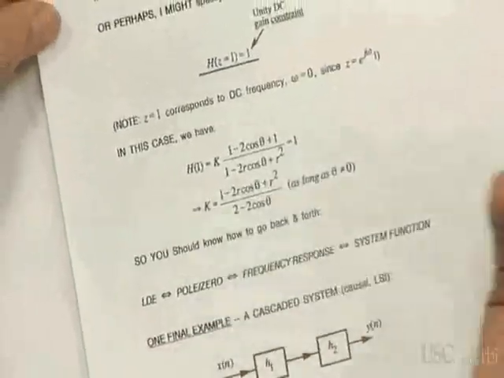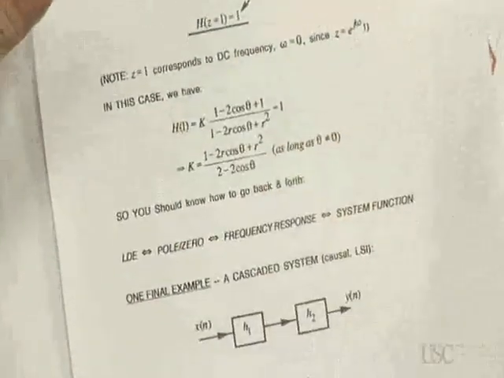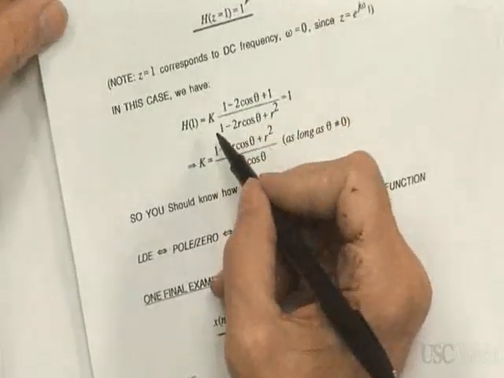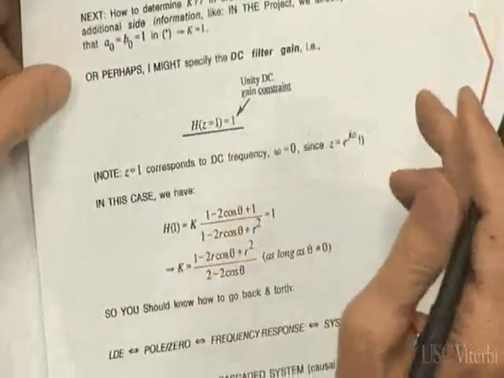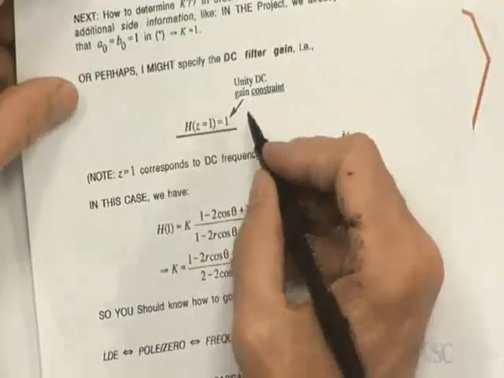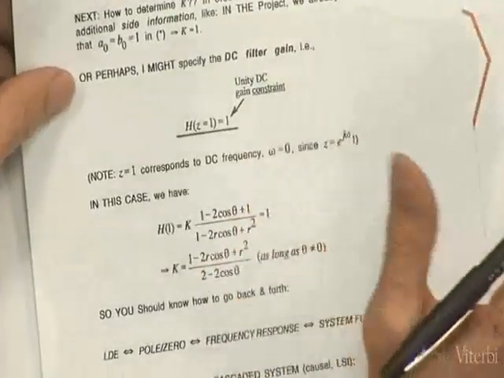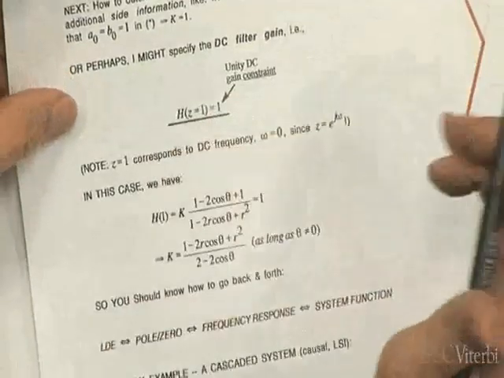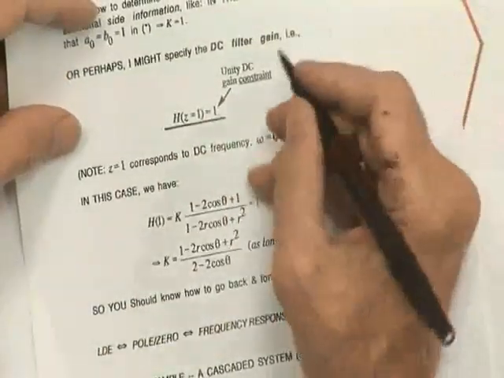So, for example, which illustrates something, of course. In this case, we have that H of z, up here. Suppose my side information was that I told you that the filter had DC unity gain. See? Now, what does that mean? Well, what is DC?